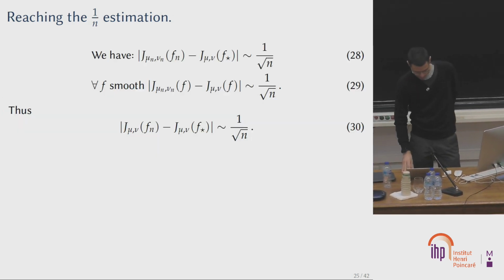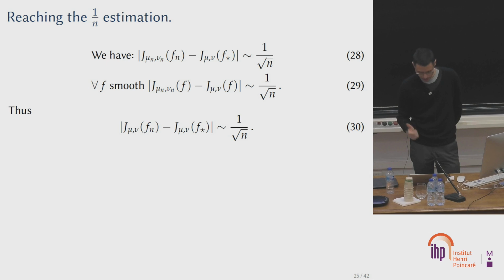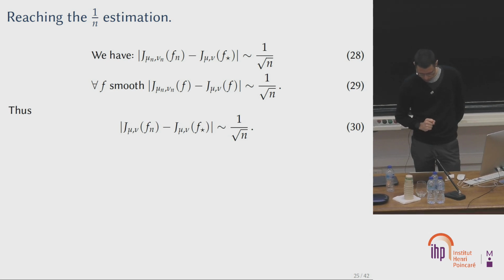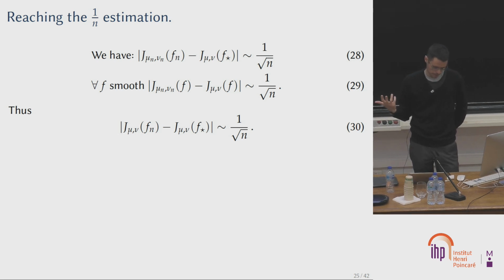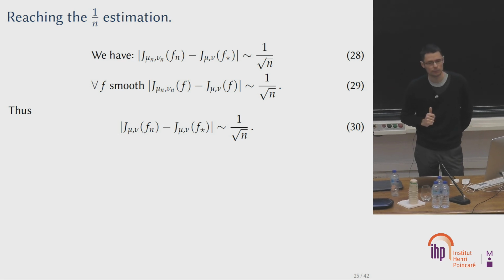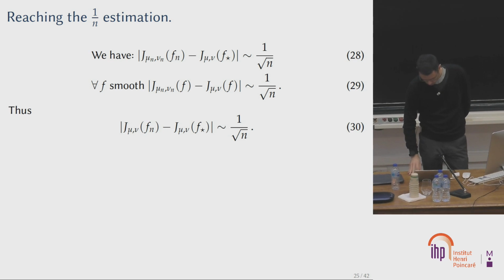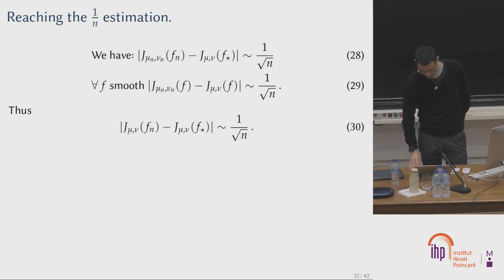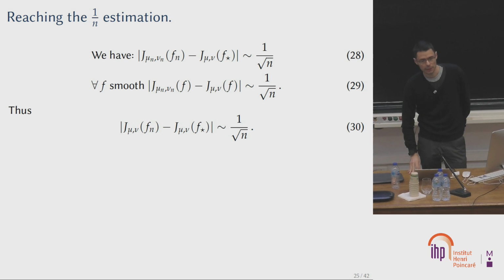Equation 28 is essentially what we have. Equation 29 is what you get using kernel norms. So you also have fluctuation in 1 over square root n, and a priori, you cannot do better than 1 over square root n.